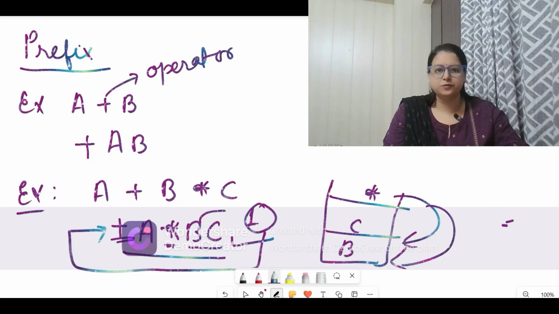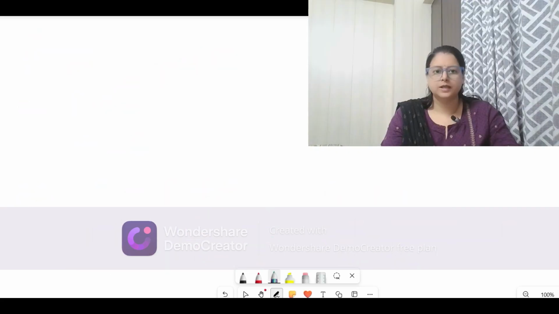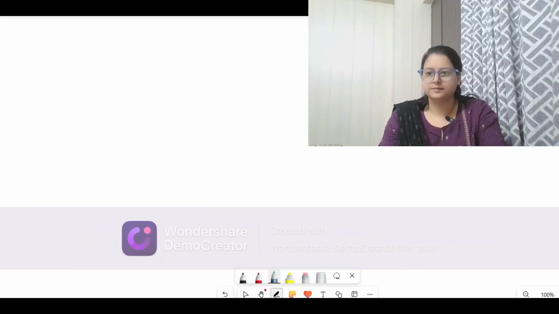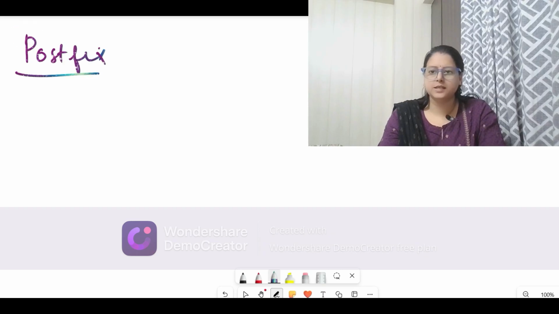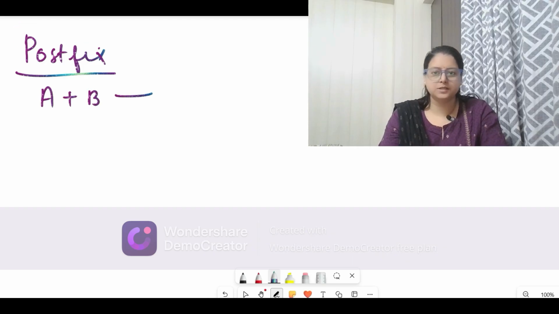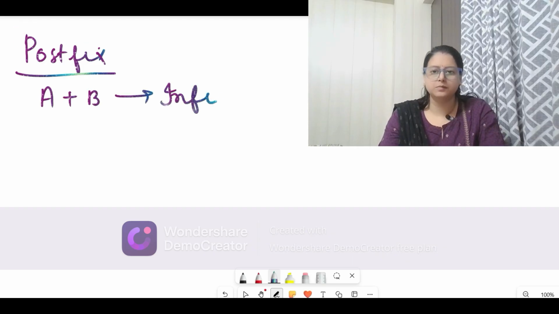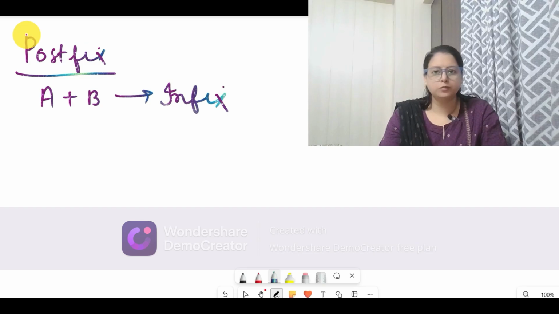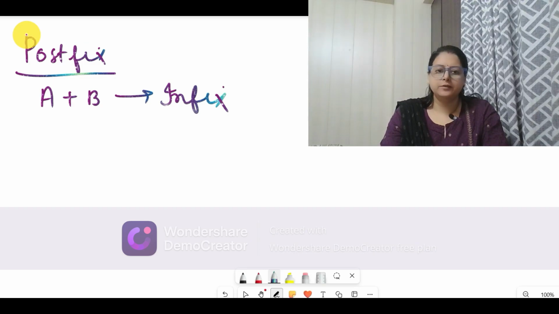Now we will see the postfix next. Come to the postfix. As the name says, post means the operators will be at last. Suppose the normal infix expression is this. This is our infix form, and when we need to convert infix to postfix, the operators will be at last.